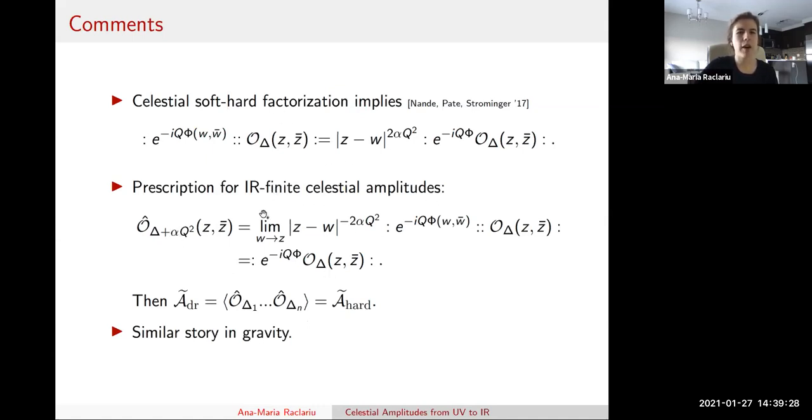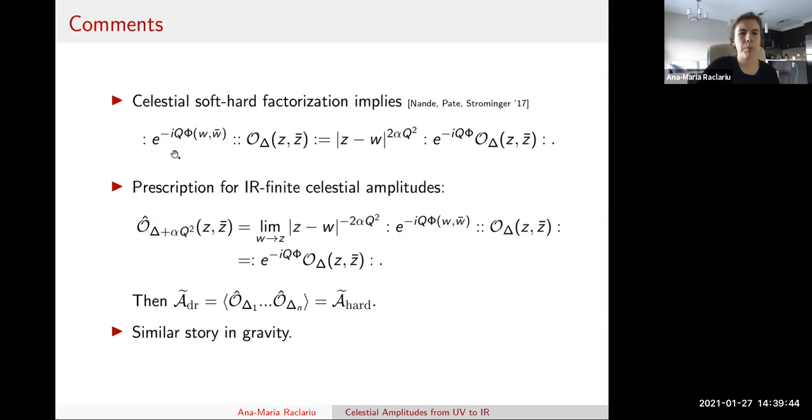All of this follows from soft-hard factorization.